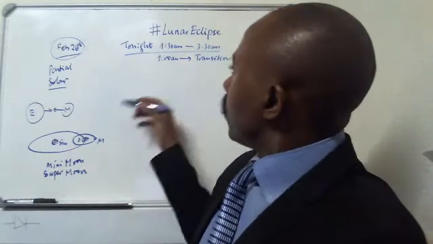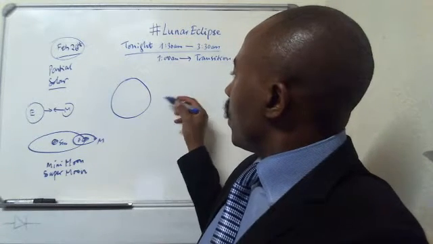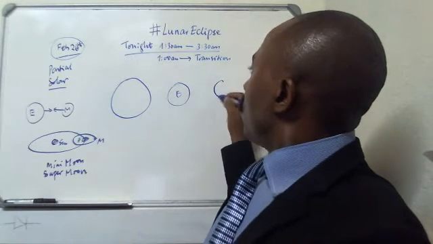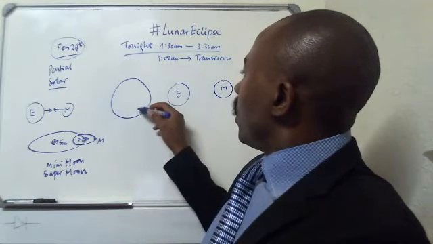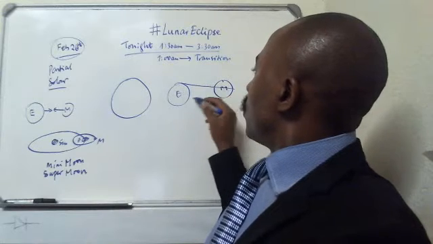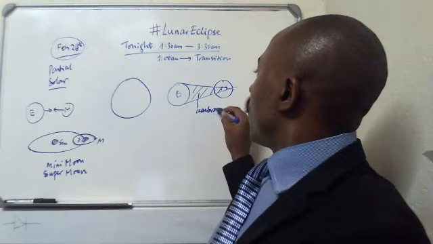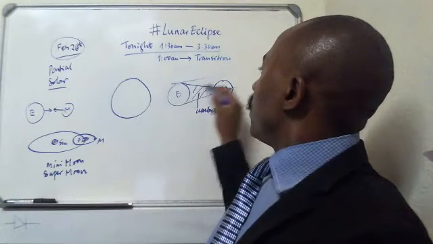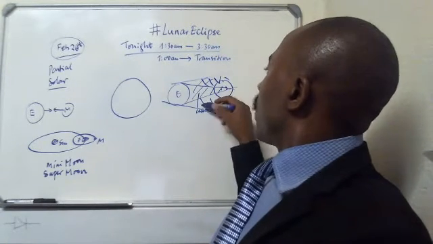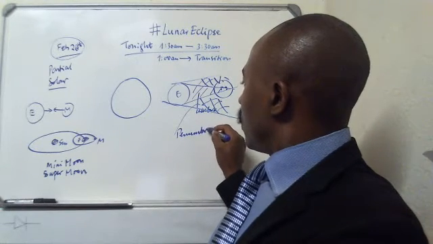So tonight, this is the time, because the sun is going to be gone by then in the night. The earth is here, the moon will be somewhere there, the sun will be casting the shadow, and there are two shadows. There's one shadow which is this one, which we call the umbra, and then there is another shadow which is this one, which is the penumbra.